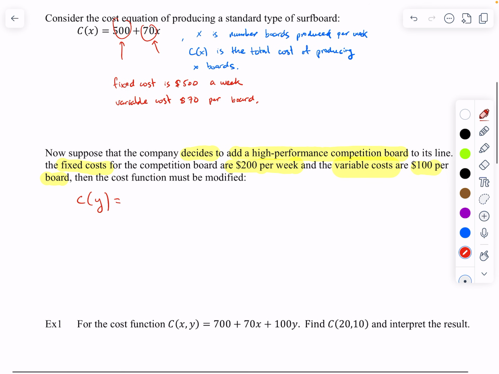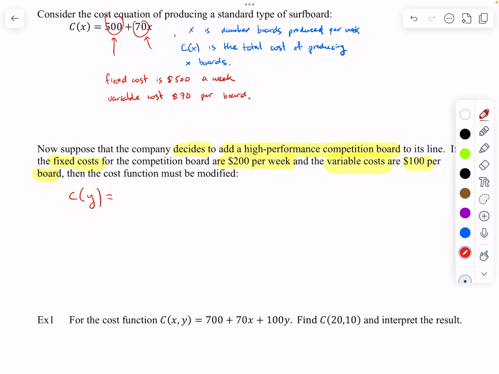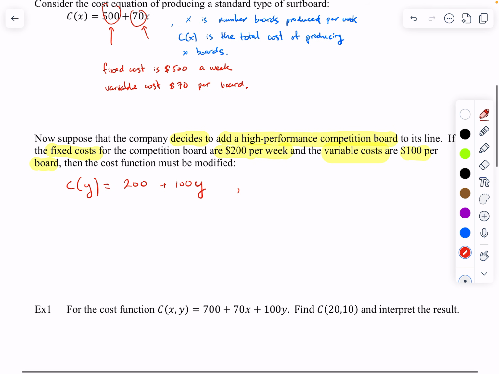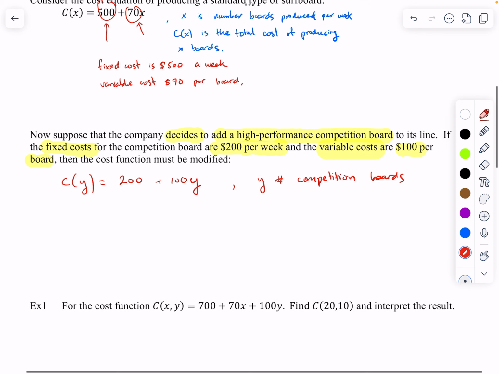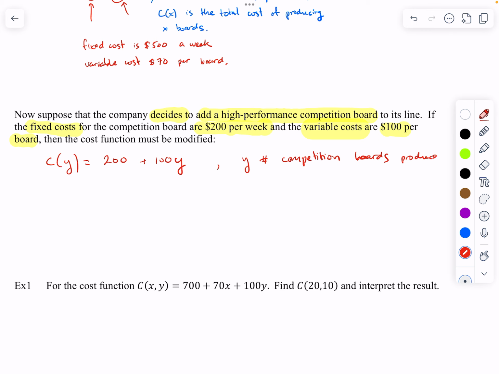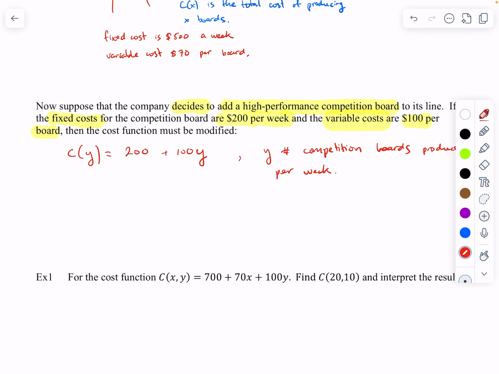Call that y. So we have the weekly fixed cost, which is $200, plus 100 times y, where y is the number of high performance competition boards produced per week. So that's the total cost equation for the number of high performance competition boards produced per week.